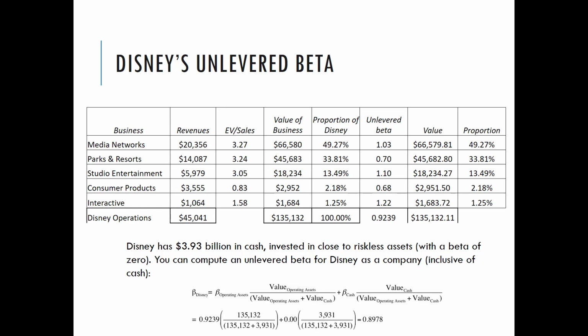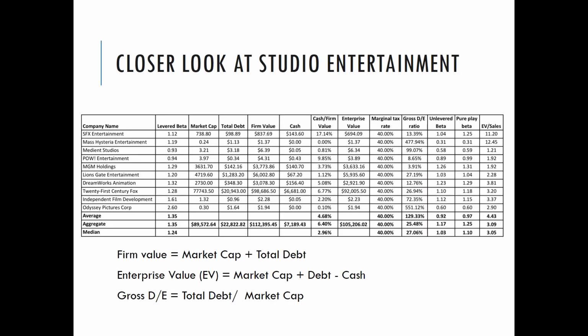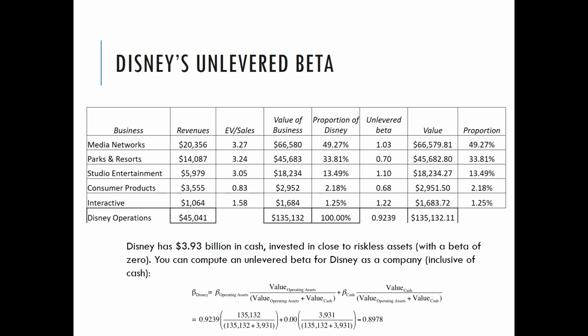If they only gave you revenues, you could look at what on average within the industry is, for example, the enterprise value in relation to revenues. So here, for example, we see the enterprise values for each firm. We can also see that if we take their revenues and compare them to the enterprise values, we can see what the median enterprise value to sales ratio is, which is 3.05, the number here.